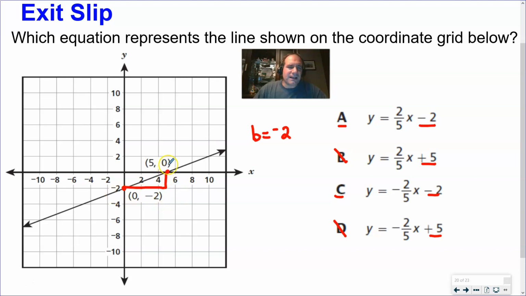I know it's 5, but it's also counting by 2s. I'm not liking this. So guess what I'm going to do? I'm going to take these points and just take them out. 5, 0 and 0, -2. And instead of using rise over run, I'm going to just go ahead and put x1, y1, x2, y2.